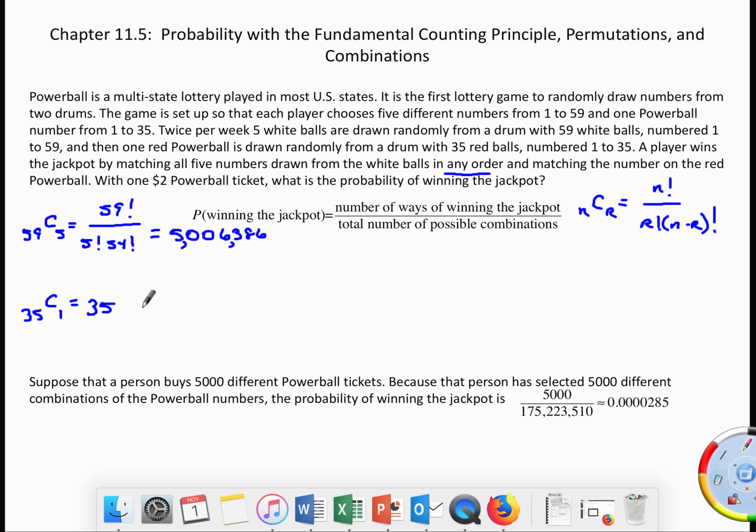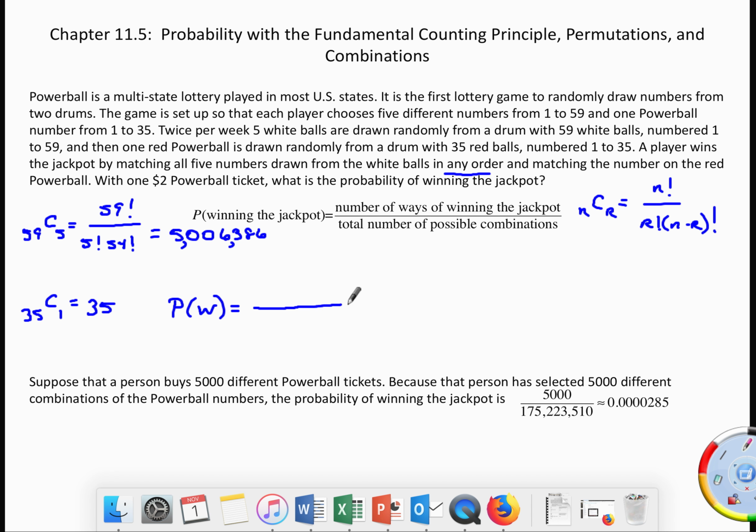You could have chosen 1 or 10 or 12 or 34 or 2 or 3, right? 35 different ways.